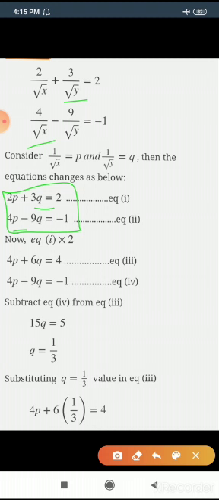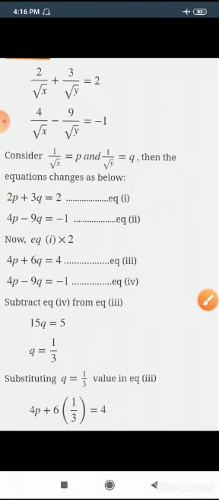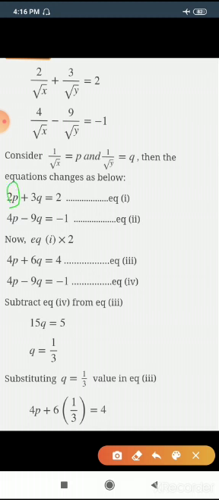Now we can solve them by using any method, either elimination method or substitution method. So here we solve them by using the elimination method. For that, let us equate the numerical coefficients of p. In the first equation 2p is there and in the second equation it is 4p. So let us change this 2p to 4p by multiplying equation 1 with 2.